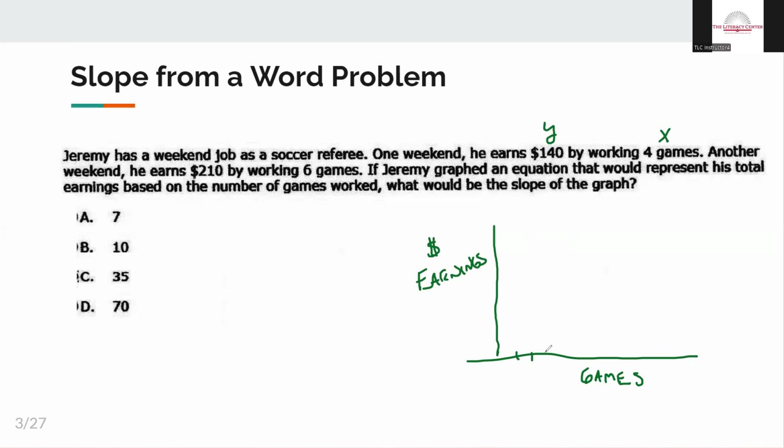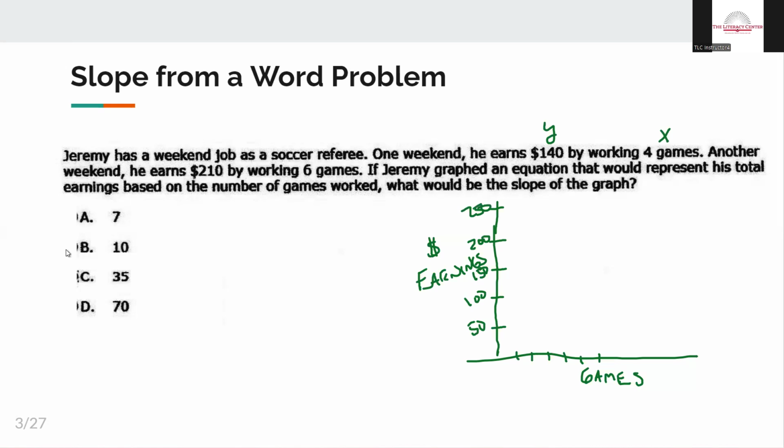So just to crudely make a graph, 1, 2, 3, 4, 5, 6. And over here, we're going to have to do this a little differently. 50, 100, 150, 200, 250.